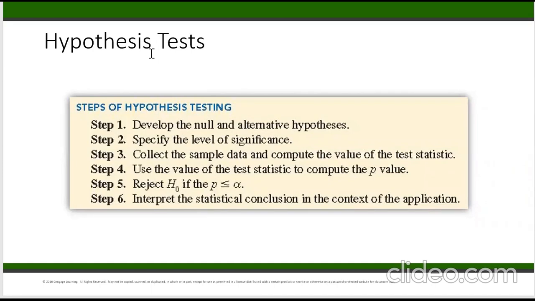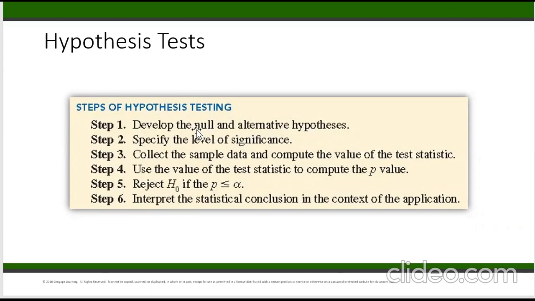It can be something that we want to test. We may have a research question, we may have a claim, and we want to be really conservative about it. So in that case, we put it in the alternative hypothesis.